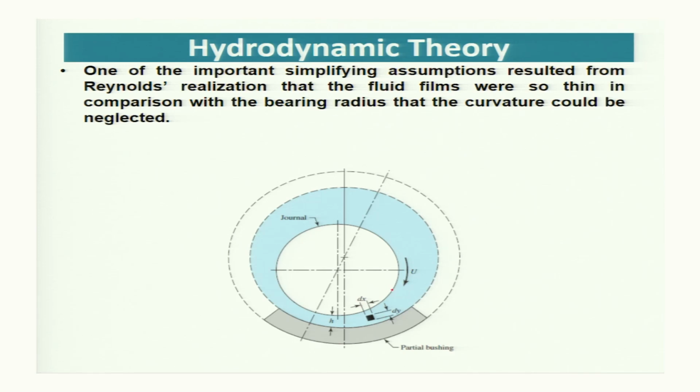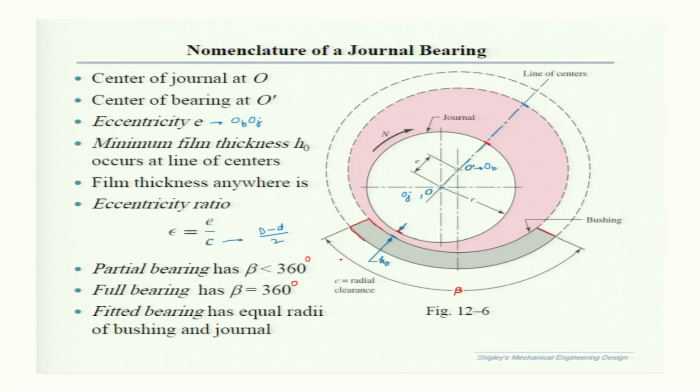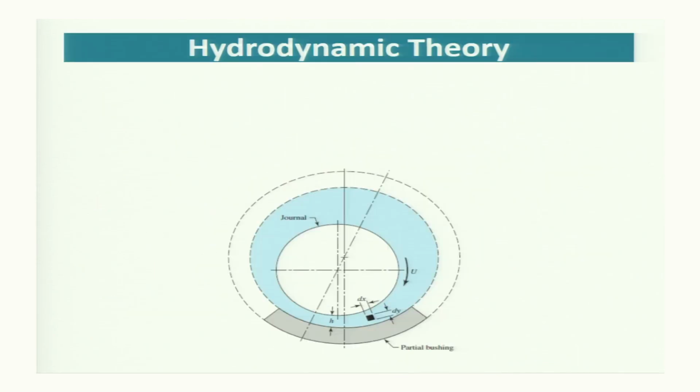So, we will take a journal with diameter equal to small d, the eccentricity ratio given here by epsilon, clearance equal to C, eccentricity equal to E, and minimum film thickness HO.